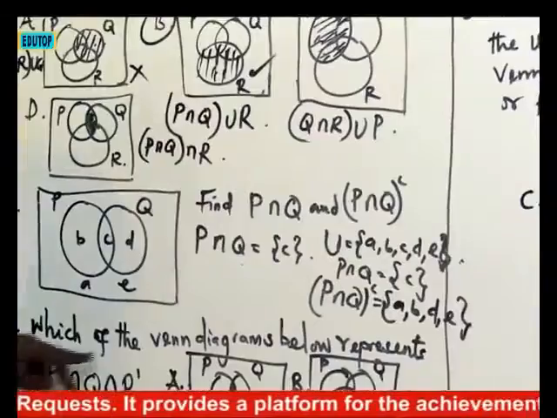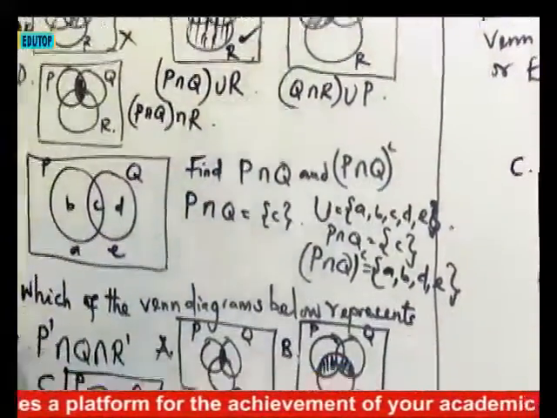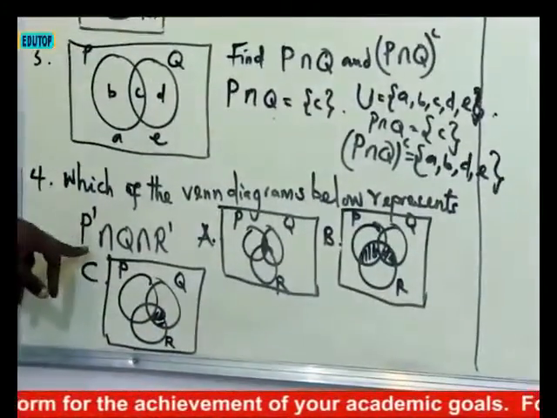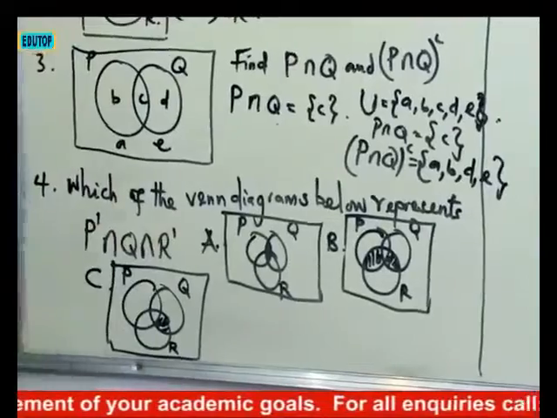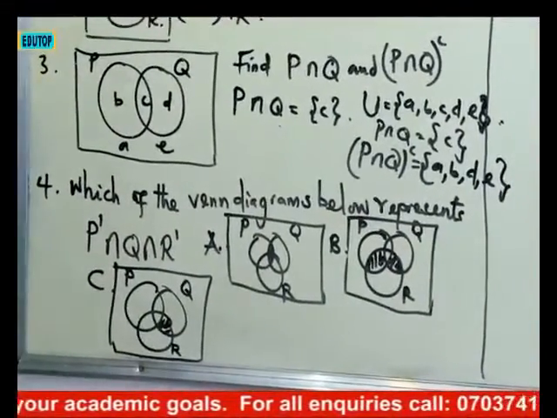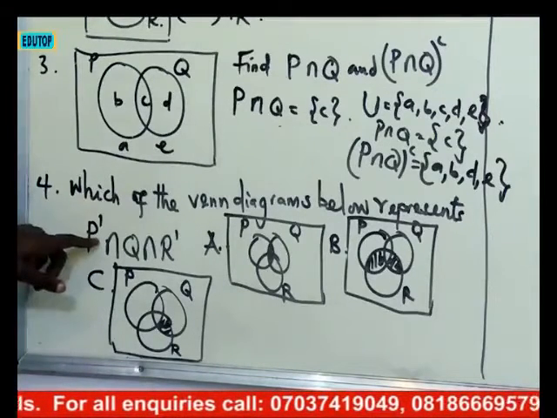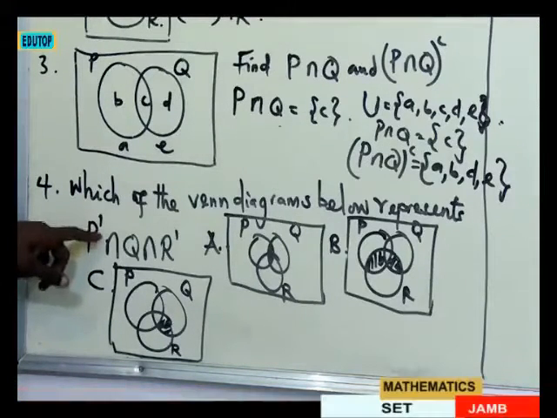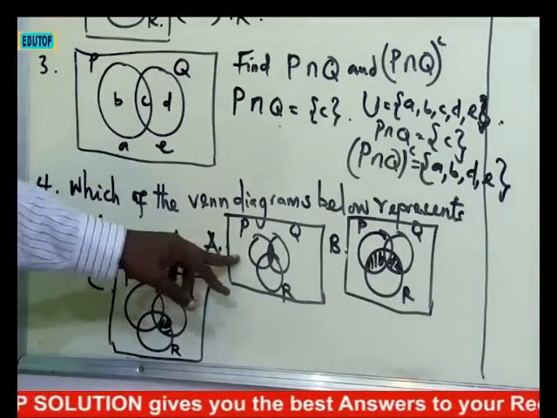Then the next question says, which of the Venn diagrams below represents P complement intersection Q intersection R complement? So in this situation, you look at what you are given, then you notice that where will be shaded, as far as this one is concerned, will be our Q. Since P is complement, it is outside, then R complement is also outside. So we go to here, which side is shaded?